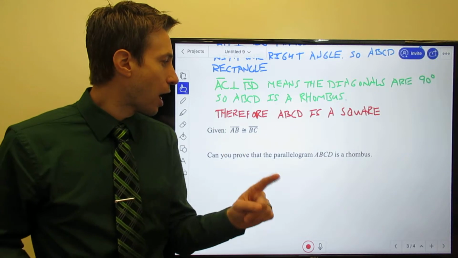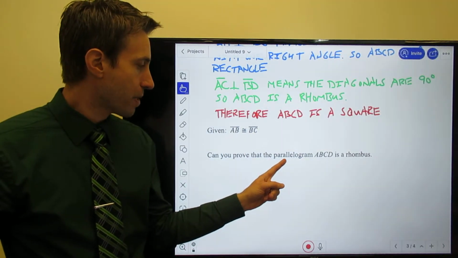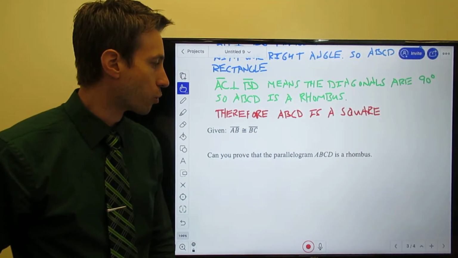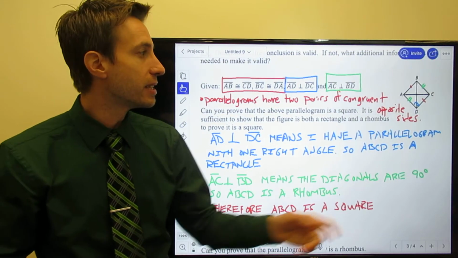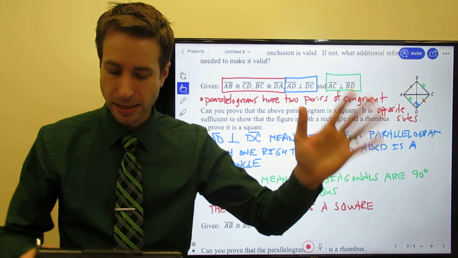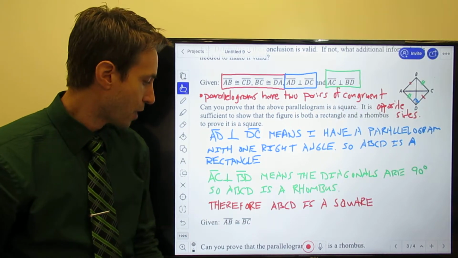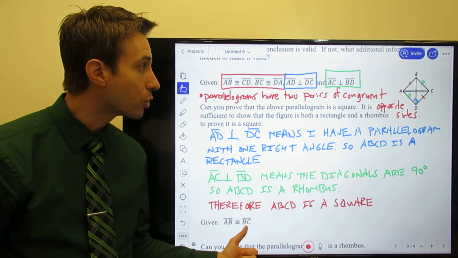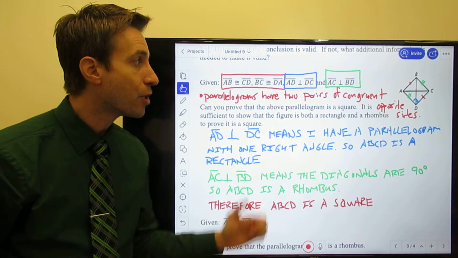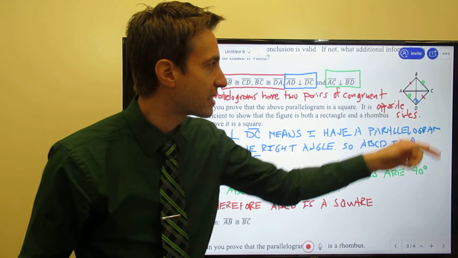Okay, so I tell you that it is a parallelogram. I want you to prove that it is a rhombus, ABCD. Sorry, we're using the exact same figure. So let's see what we can say. Well, here's what I tell you. I tell you that AB is congruent to BC. Ignore the markings that I already have on it.